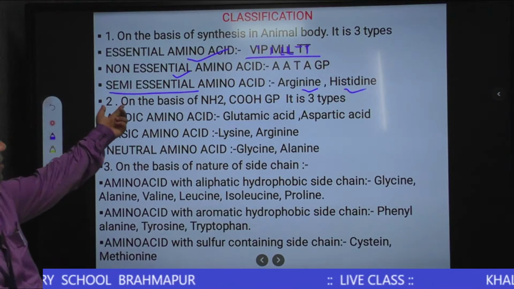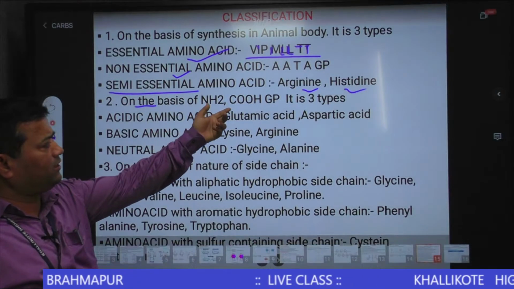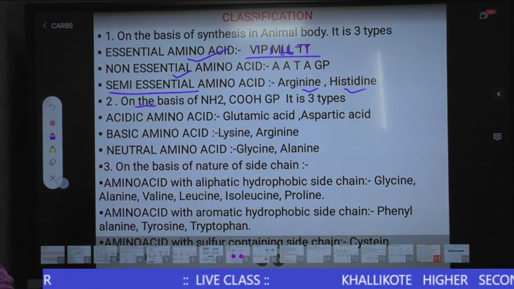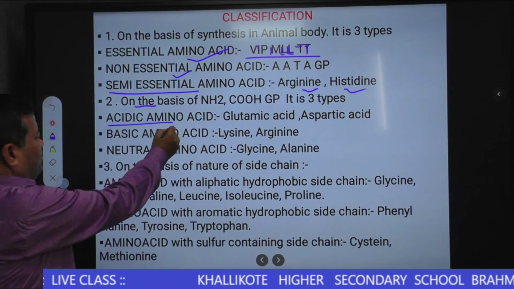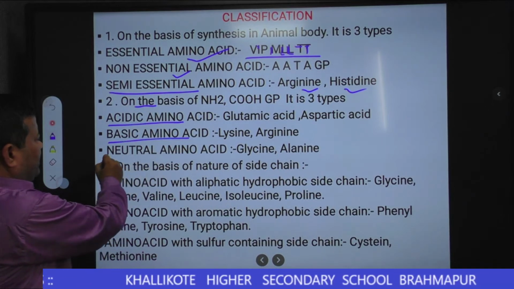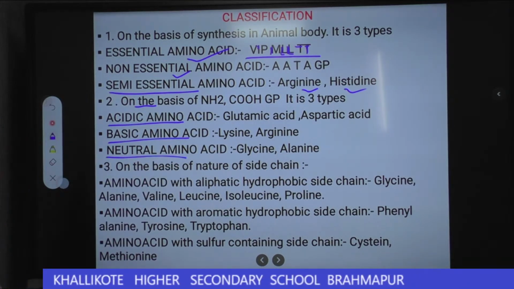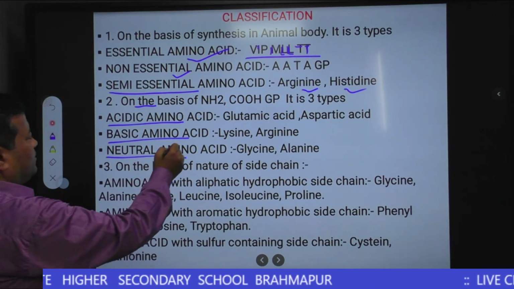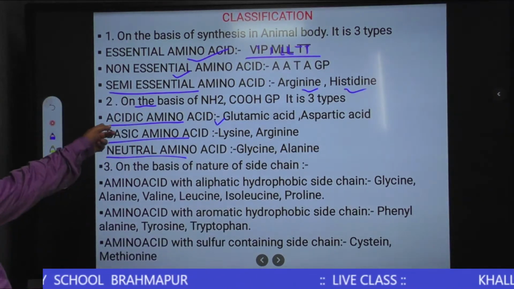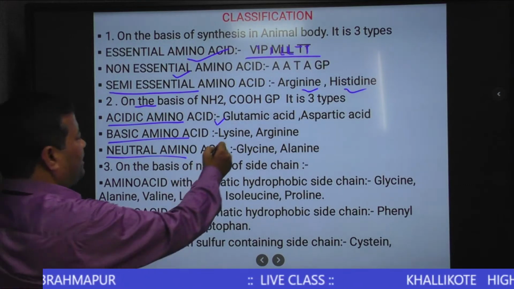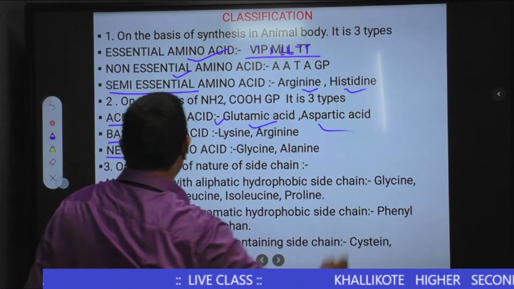Again, on the basis of amino and carboxyl group, it is again three types: acidic amino acid, basic amino acid, neutral amino acid. If one more acidic group is present in the amino acid, it is called acidic amino acid. That may be glutamic acid, aspartic acid.